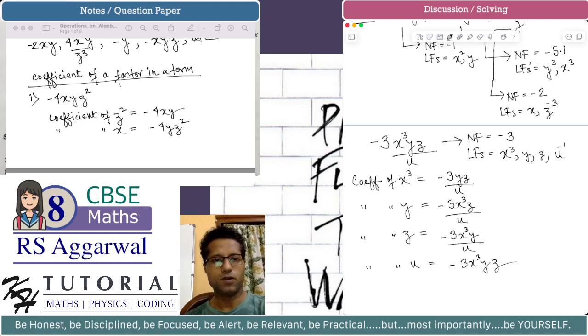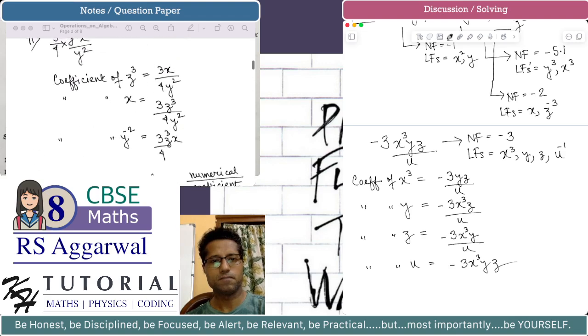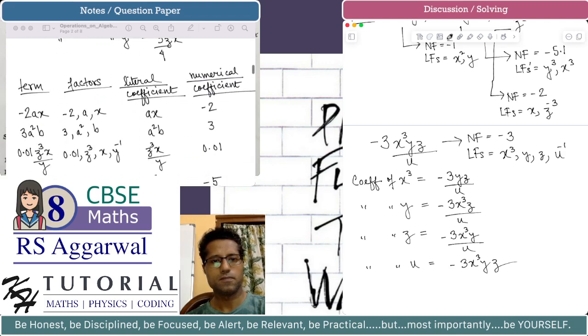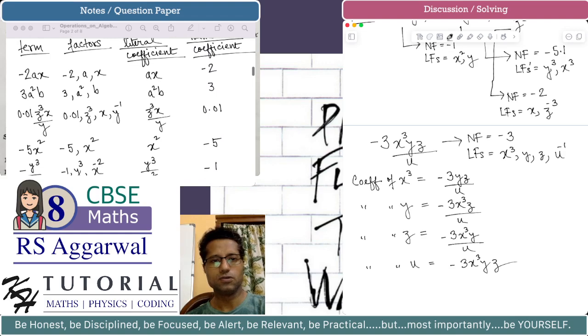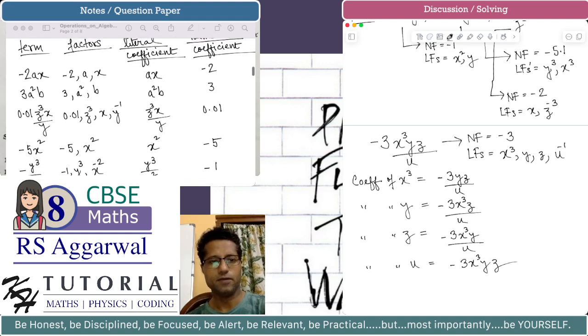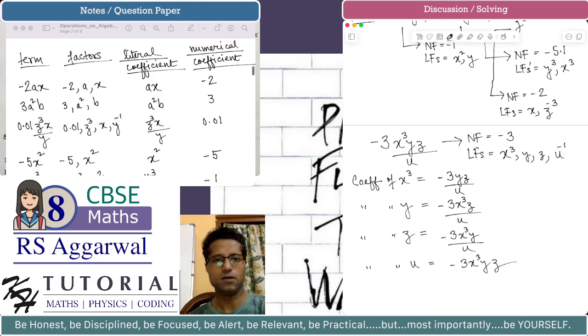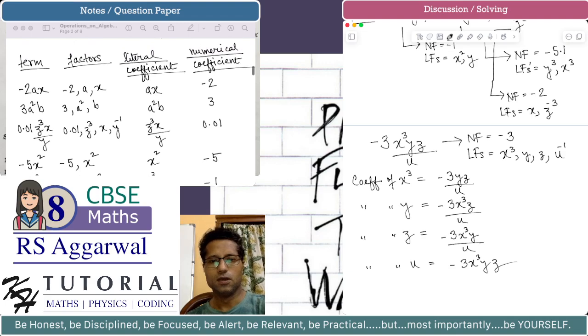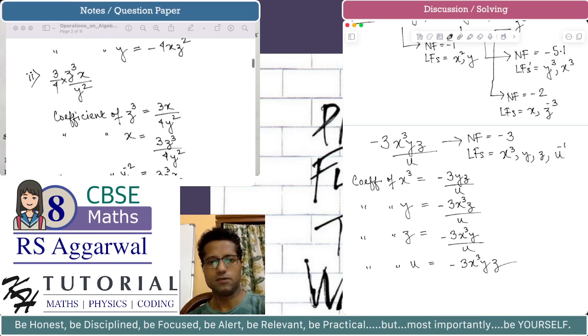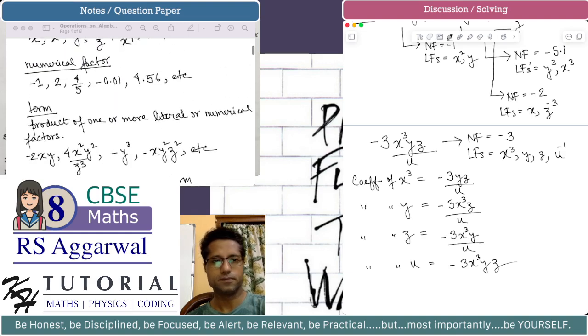Next, in the notes you can see I have made a chart where I have listed a few terms, and for each term I have listed the factors, the literal coefficient and the numerical coefficient. So for a term, what is the literal coefficient and the numerical coefficient?